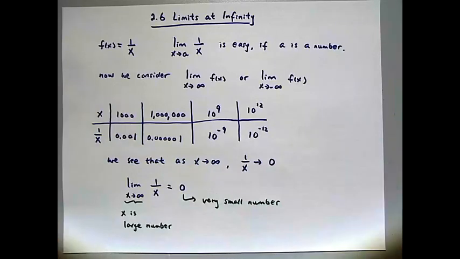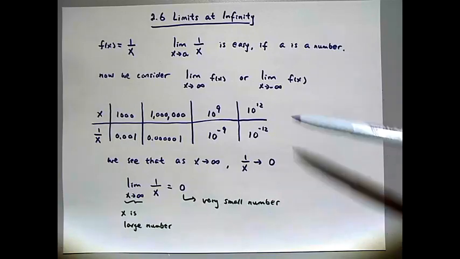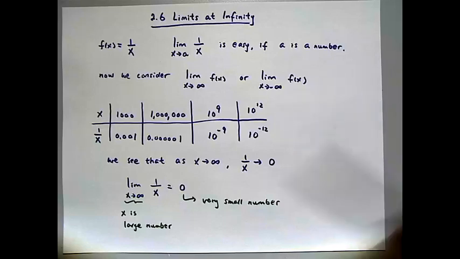Never exactly 0, but eventually practically 0. In fact, if you put this in your calculator, eventually your calculator is just going to say 0, even though it's not exactly 0. It becomes so small that the level of precision of your calculator cannot provide that number.